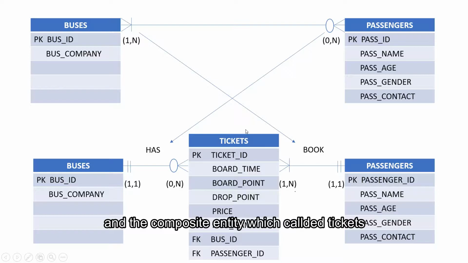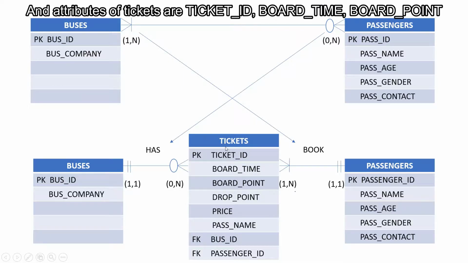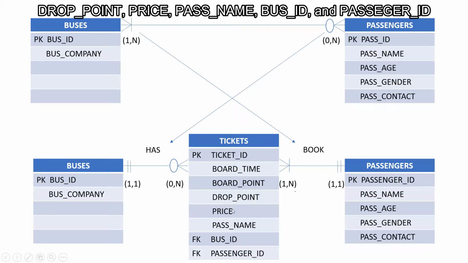And the composite entity is called tickets, and the attributes of tickets are ticket ID, board time, board point, drop point, price, passenger name, bus ID, and passenger ID.